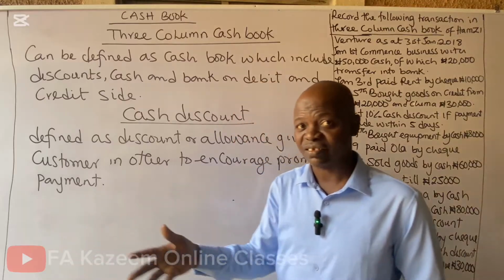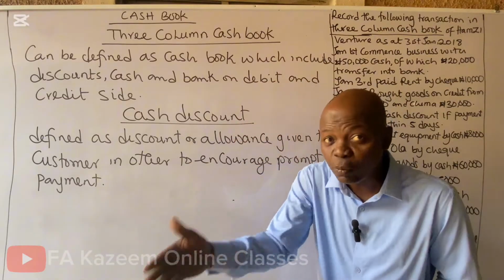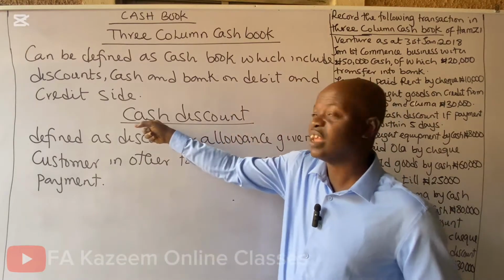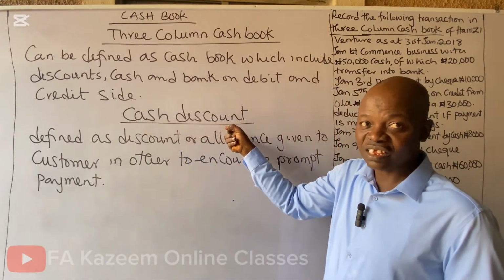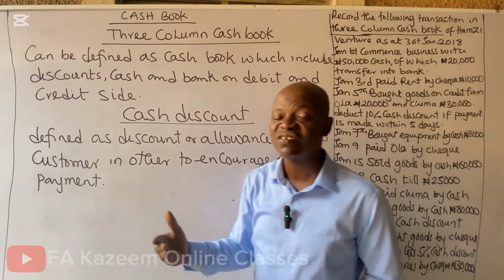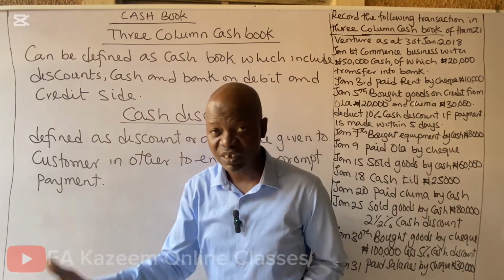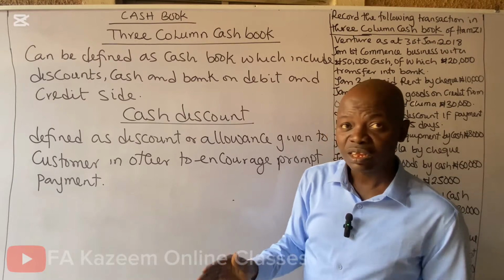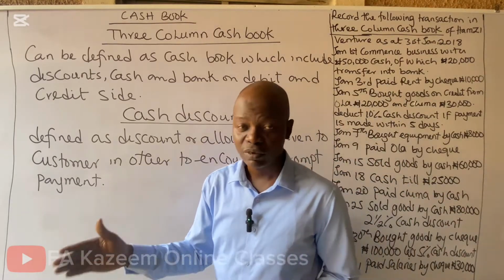You will now pay 90,000. To encourage your customer to pay within a short period of time, try and give them a cash discount. But if you don't pay within the stipulated time given, you will pay the full amount. This will encourage your customer to pay within a short period of time.